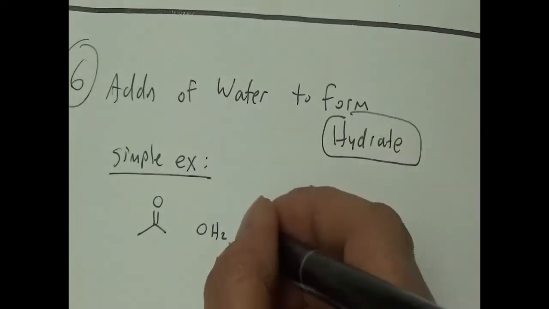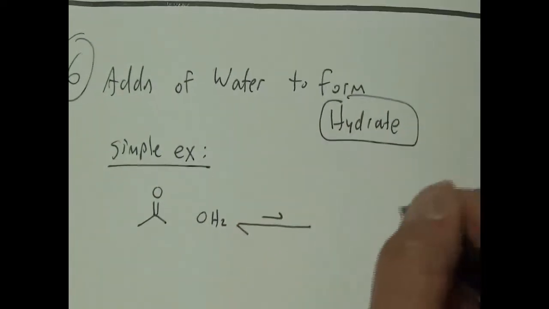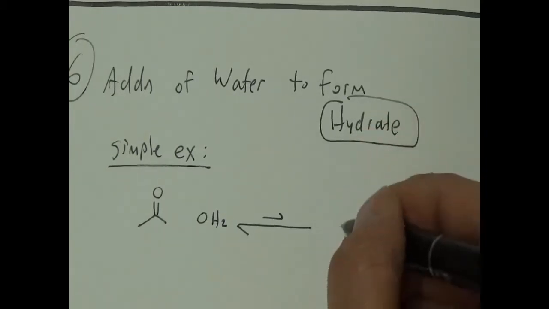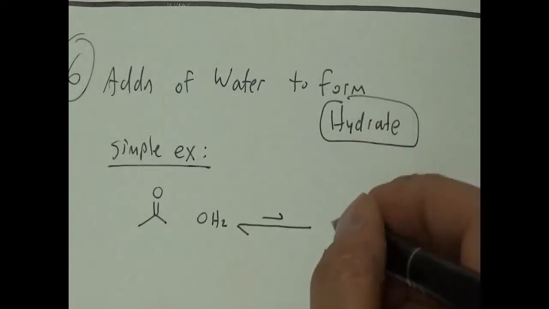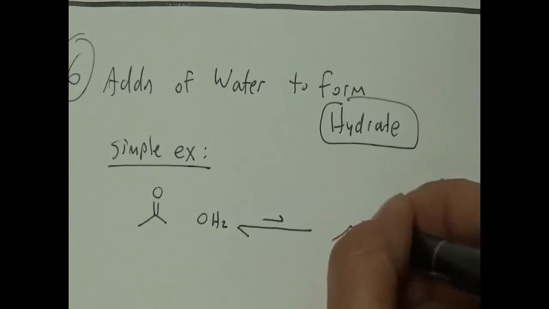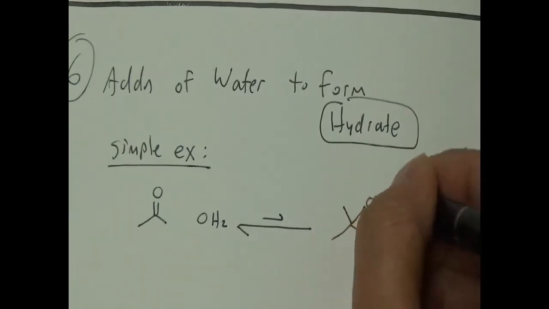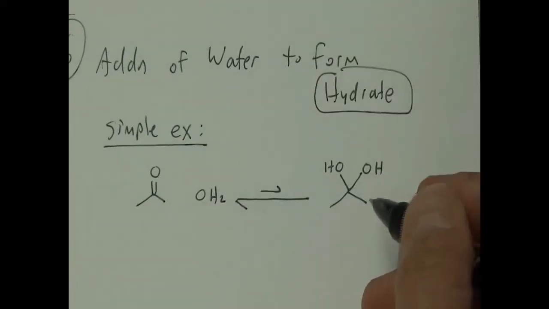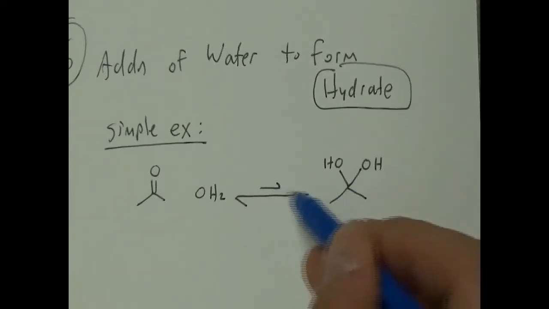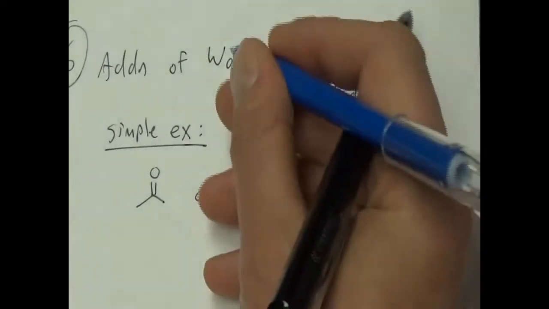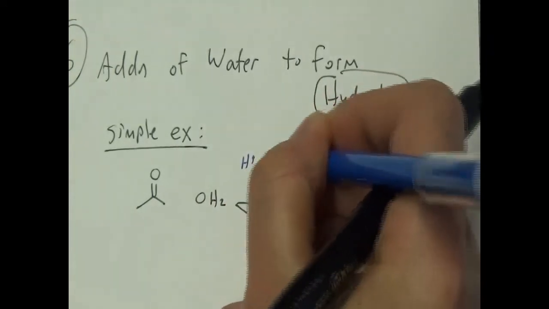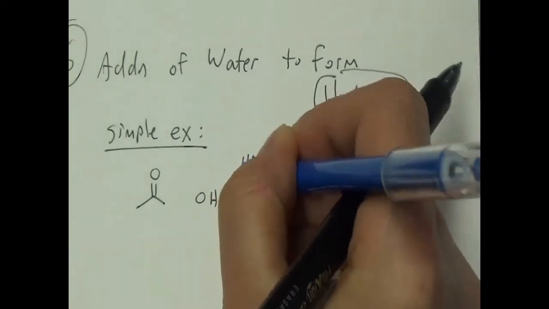And first of all, there is an equilibrium. This is all equilibrium. We're going to have a lot of equilibrium in this chapter. And when water attacks the ketone, you get OH, OH. And this requires a catalyst, either acid or base, so H plus or OH minus catalytic.